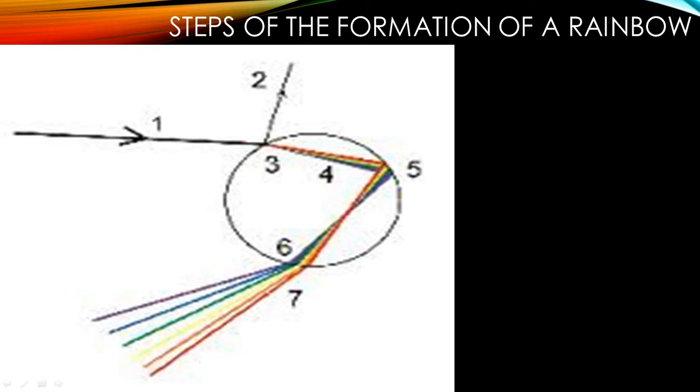It was really Isaac Newton who did a lot of work with this and realized, my goodness, this is what's happening. That visible light is a spectrum of color, and when all those colors are together, we just see white light. But we can break them up by separating them by their wavelengths.